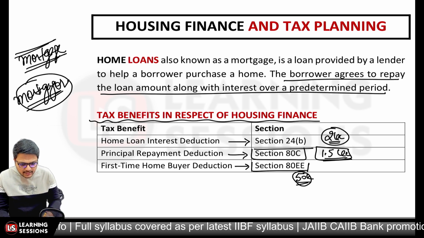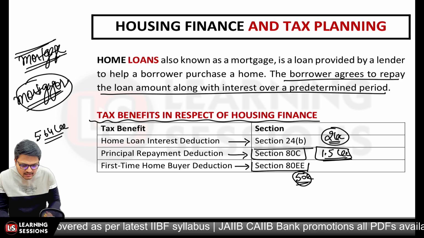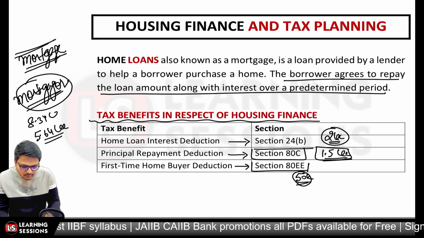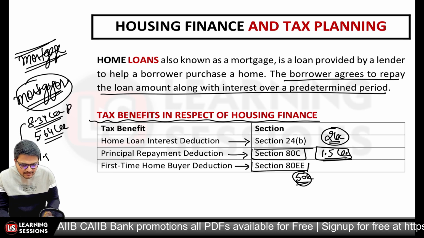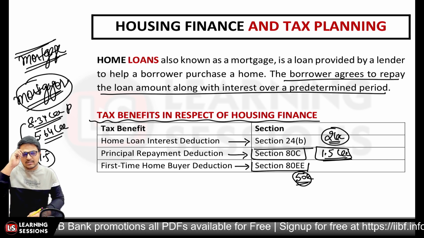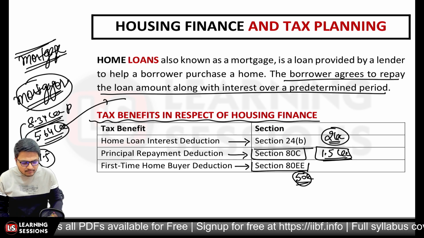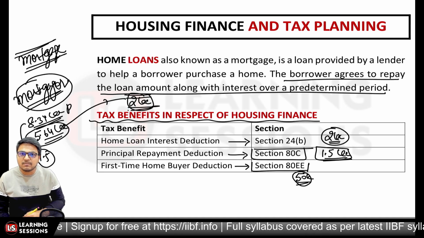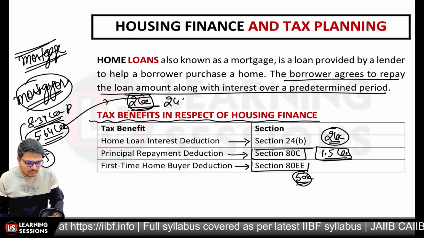Let's say the total interest component is 5.64 lakhs for the year, and the principal component is, let's say, 8.34 lakhs for the year. In that scenario, out of the principal component, 1.5 lakh can be taken as a deduction under section 80C, and from this 5.64 lakh component, 2 lakh can be taken for deduction purposes under 24B if you are residing.